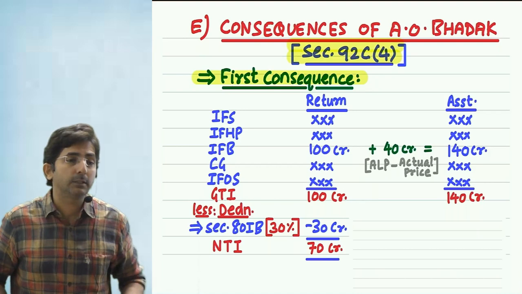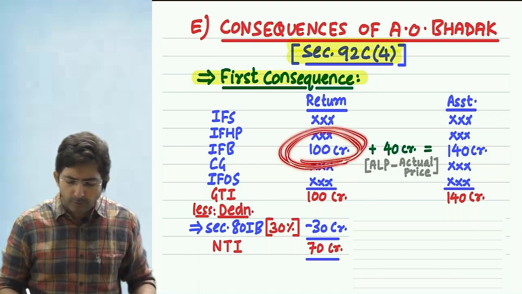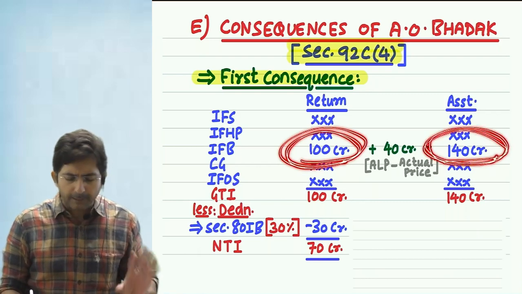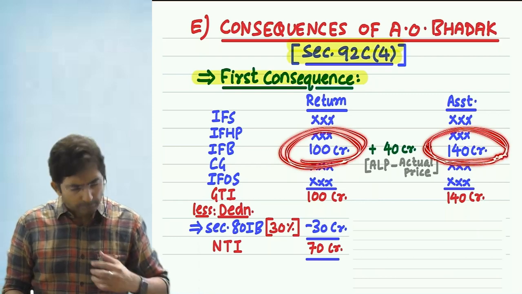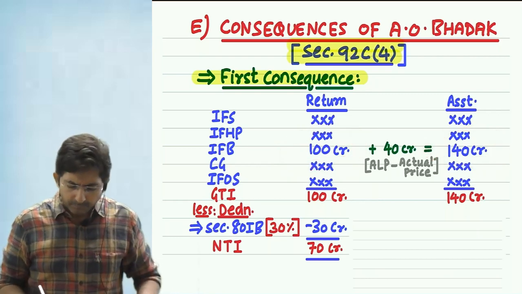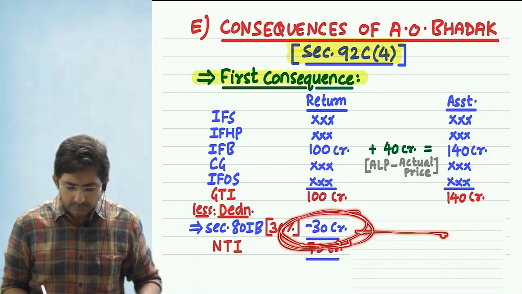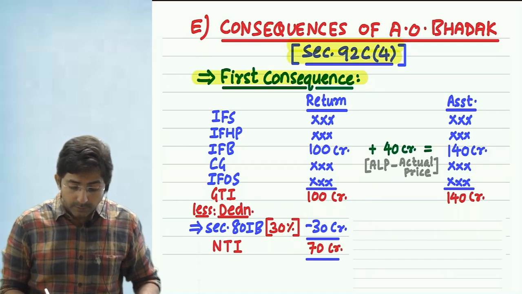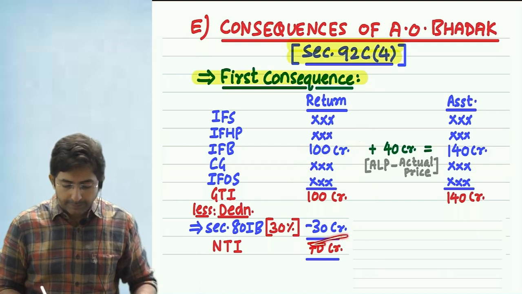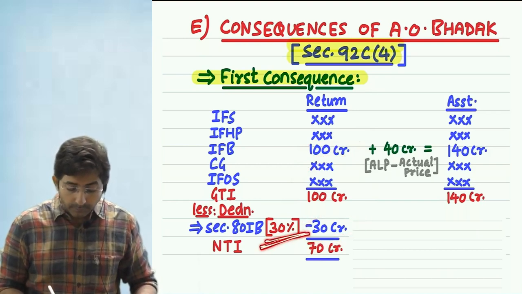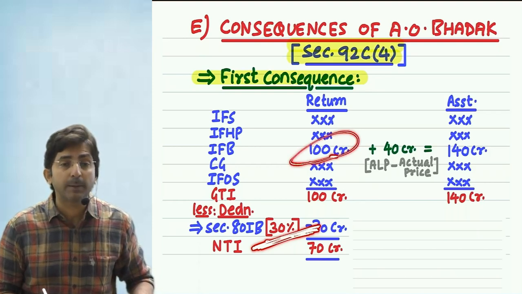Now what will the assessee say? Okay, let it be, since you have changed my income from 100 to 140 crores. I agree it was my mistake that I should have computed the ALP. I am sorry I didn't compute. Forget it. Now at least change this figure, because this 30 crores was 30% of 100 crores. Now what is the assessee expecting?